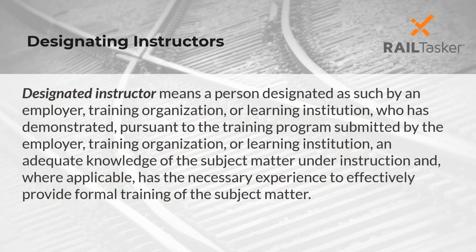It's a person designated by the employer or training organization who, there are two sides to this definition, has demonstrated to the training program submitted to FRA adequate knowledge of the subject matter under instruction, and when applicable has the necessary experience to effectively provide formal training of the subject matter. They need to have demonstrated knowledge and have, as applicable, the necessary experience for formal training.